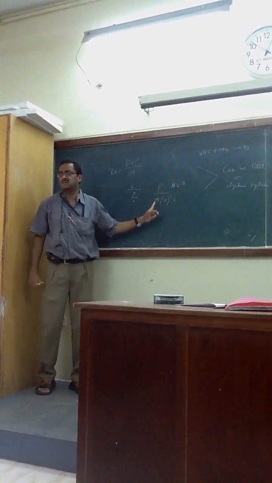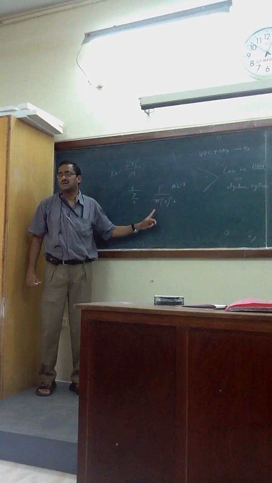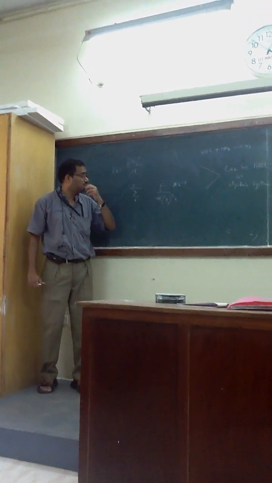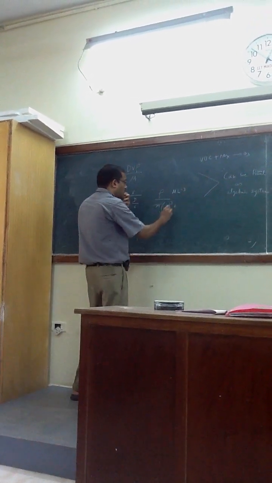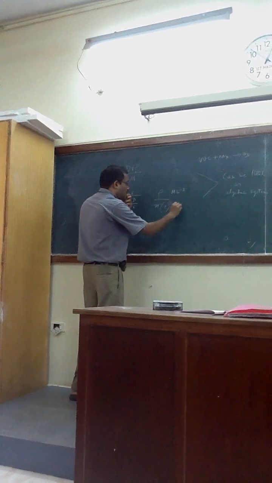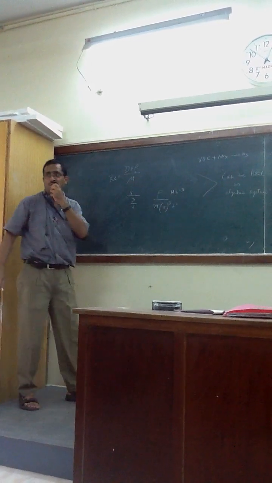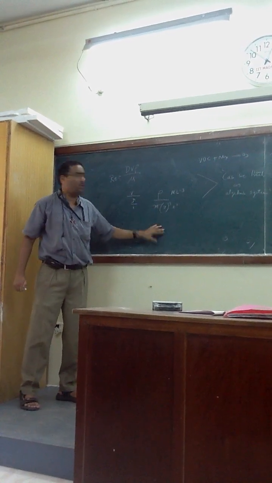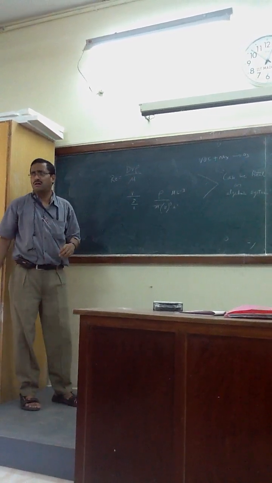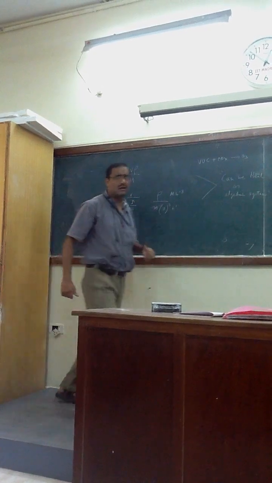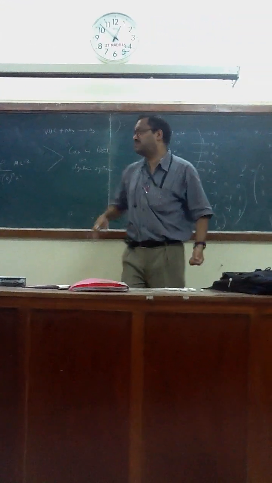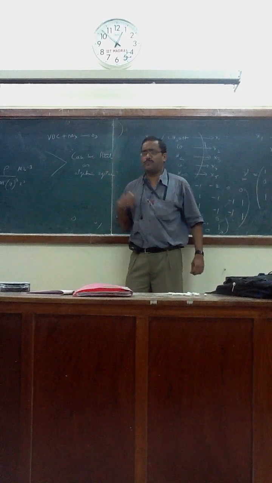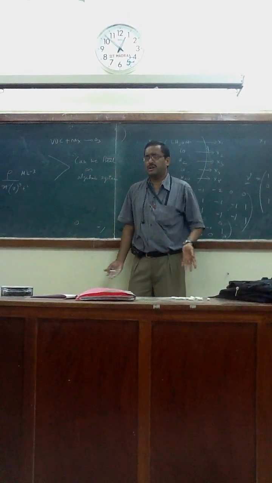Is it dimensionless? You could have had this dimensionless quantity. Why did we have this? You cannot do this. So dimensionless quantities can be obtained in any arbitrary manner, right?